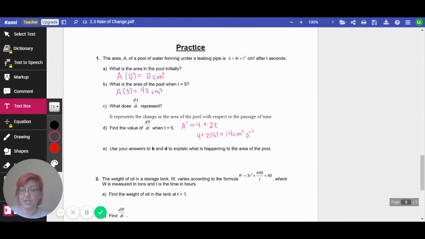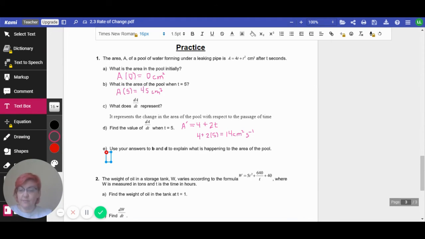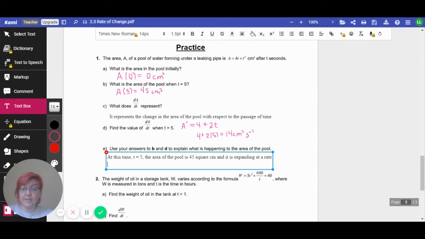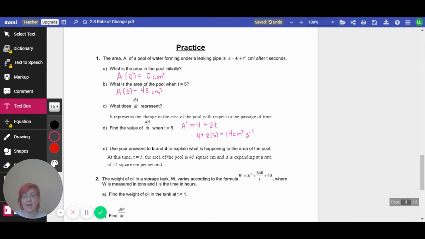So our best interpretation is to say, at this time, t equals 5, the area of the pool is 45 square centimeters, and it is expanding at a rate of 14 square centimeters per second. And that's at this exact time, t equals 5.